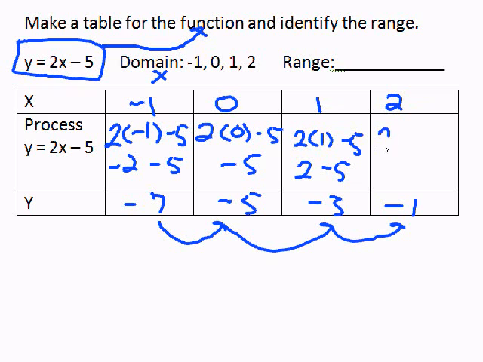Or you can go and fill it out. 2 times 2 minus 5. 2 times 2 is 4, minus 5 is -1. So if x is 2, y is -1. Our range are our y values, -7, -5, -3, and -1.